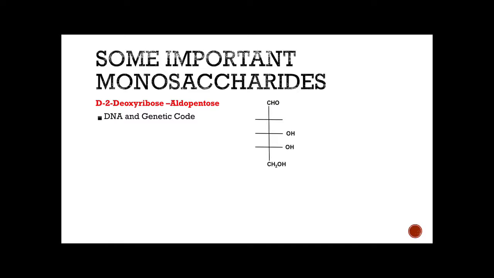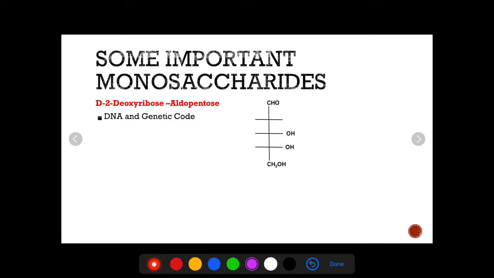The only difference between ribose and 2-deoxyribose is that on ribose we would have the hydroxyl group, but instead we have just a hydrogen. Anywhere there's a blank, those are just hydrogens. So that's what makes it different from ribose. And again, it's part of DNA.